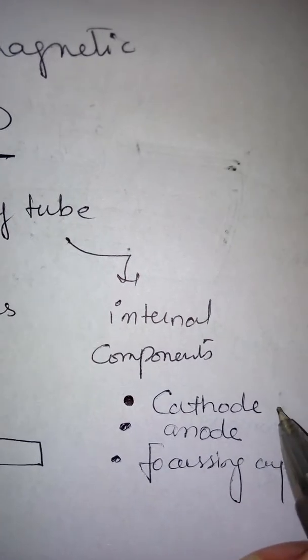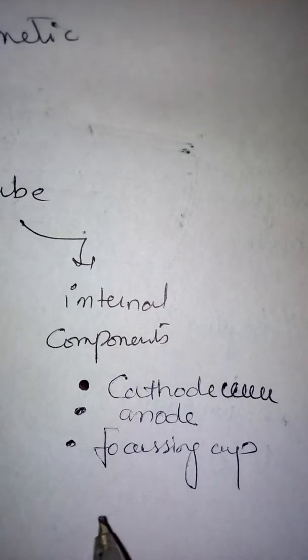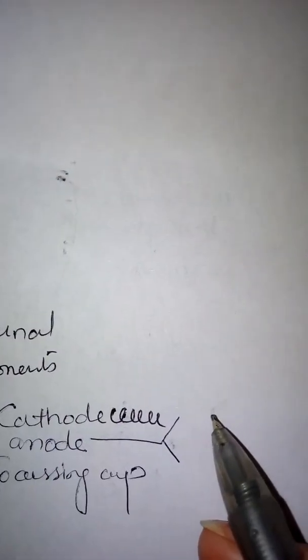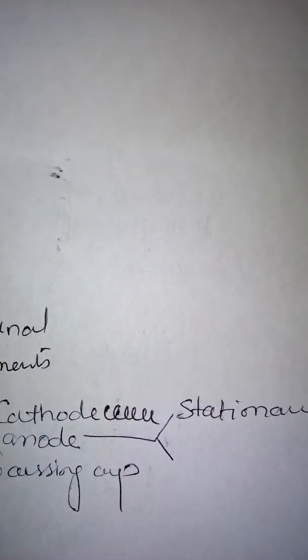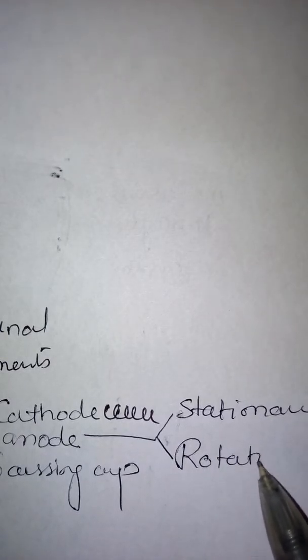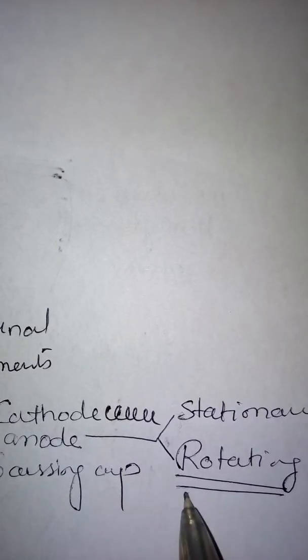Cathode is basically a filament. Anodes are of two types, which are stationary and rotating. Mostly we have rotating anode.